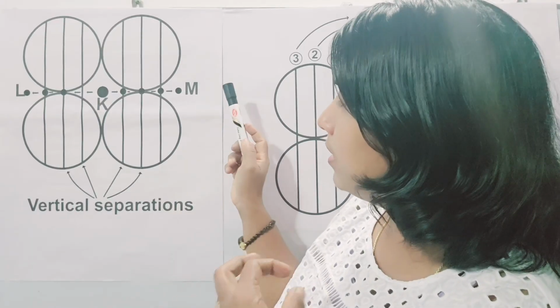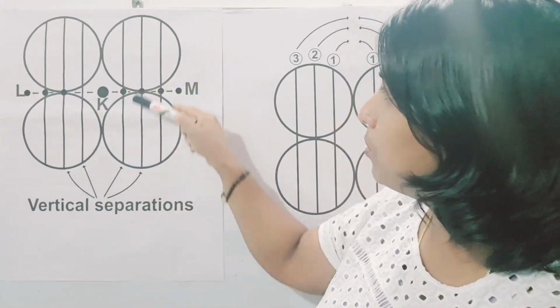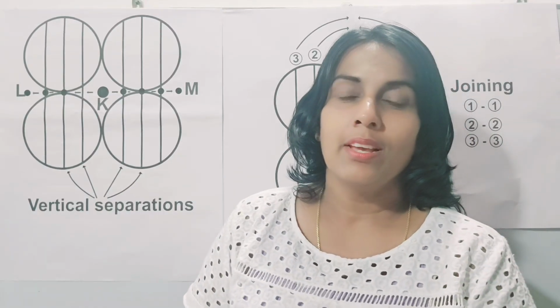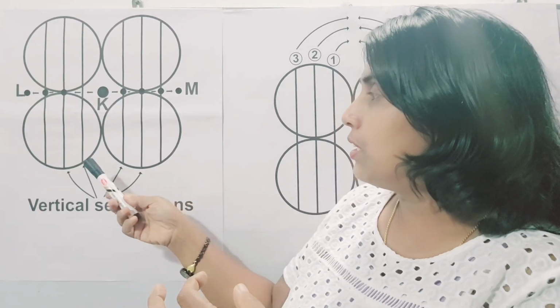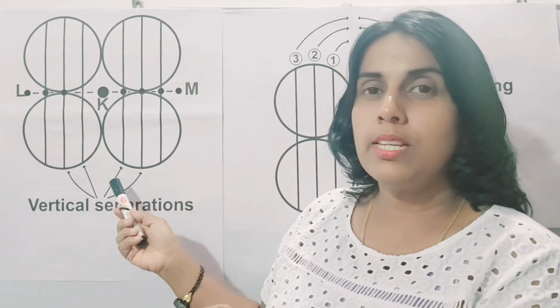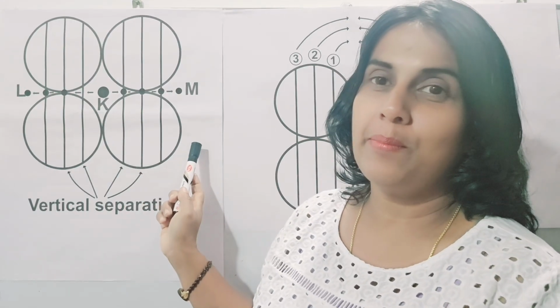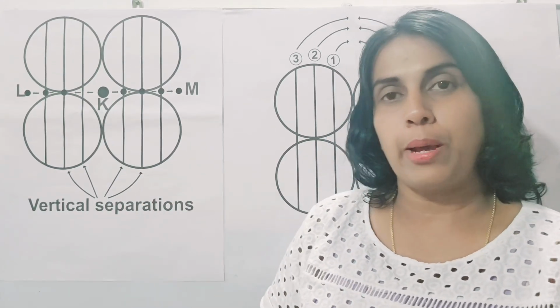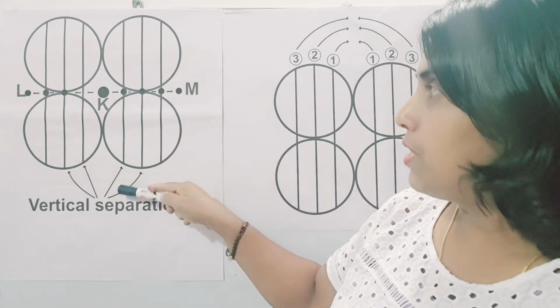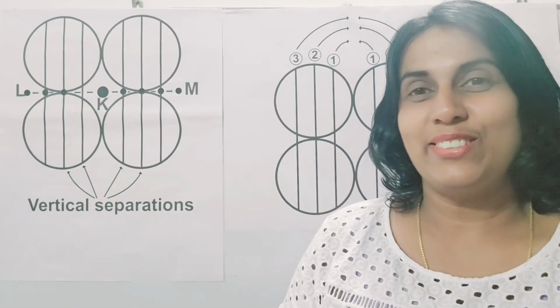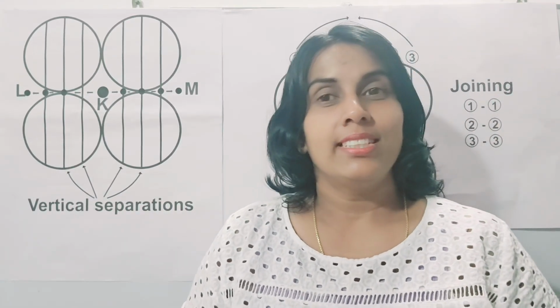Then as the continuous energy is being used up to create the vertical separations, gradually the creation of more and more teeth is stopped, and it stopped at 32 teeth, because the energy is being used up for the separation. So gradually the creation of teeth stops at 32. That is how we all have got 32 teeth.